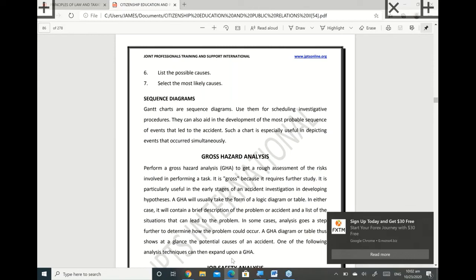Such a chart is especially useful in depicting events that occur simultaneously.